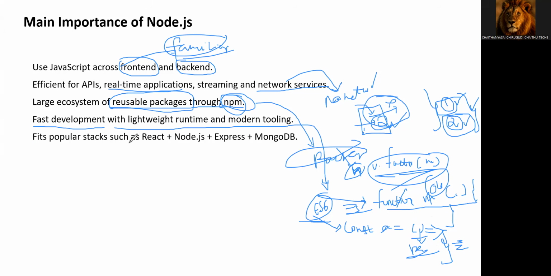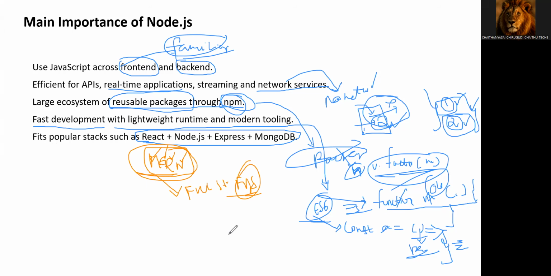Popular stacks such as React, Node.js, Express, MongoDB. By seeing this, we recall that we learned about the MERN stack in the previous section. M means MongoDB, E means Express, R means React, N means Node.js. So Node.js is fit for this development. This comes under full stack.